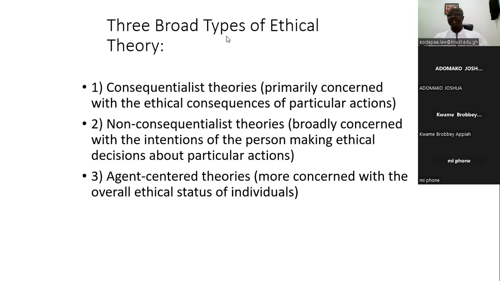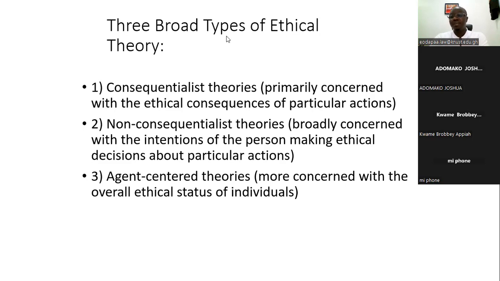Yeah, so we have three broad types of ethical theory, or if you like, the approaches to ethics. We alluded to this last time we had a class, and we said that we have the consequentialist theories, and consequentialist theories are concerned mainly with ethical consequences of particular actions. Then we also talk about non-consequentialist theories, which are concerned with the intention of the person making ethical decisions about a particular action.